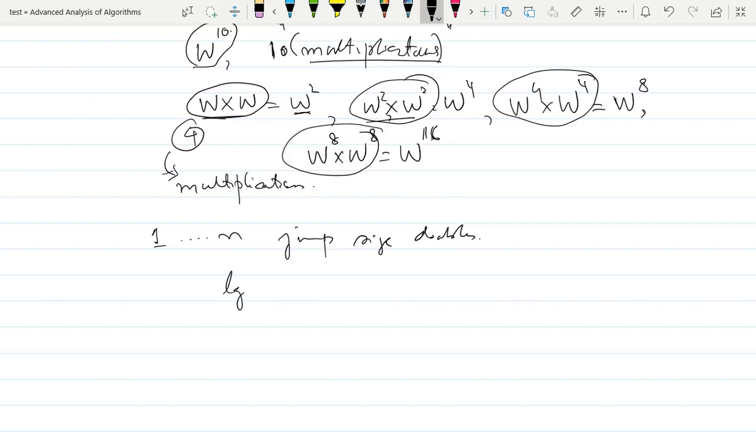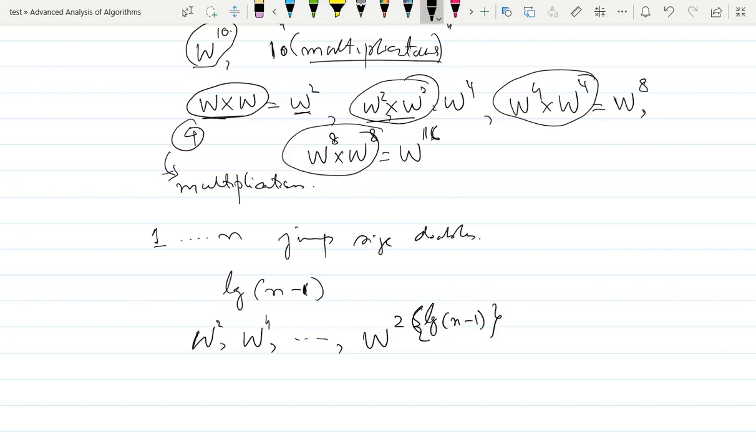We need log of n minus 1 jumps. So altogether we have to calculate first W square, then W4, and so on up till W2 to the power log of n minus 1.